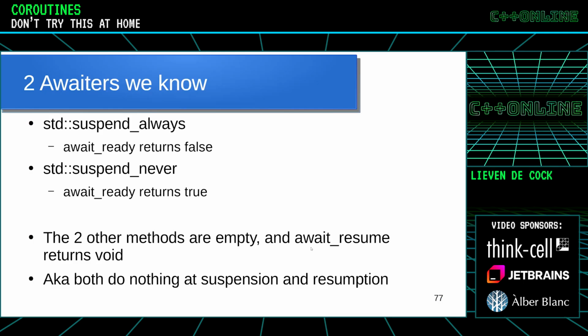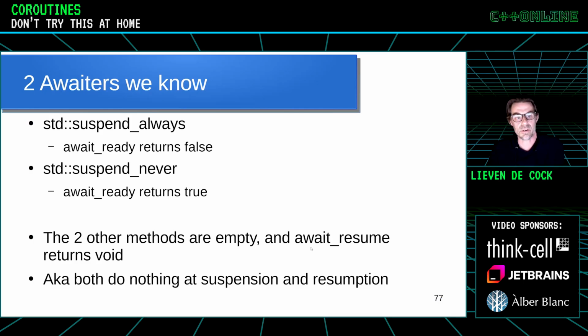We already have seen two awaiters, suspend always and suspend never. Suspend always, its await ready returns false. I'm not ready, so suspend. Suspend never says I'm ready. It returns true. It's never going to suspend.